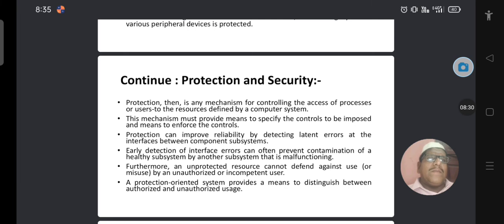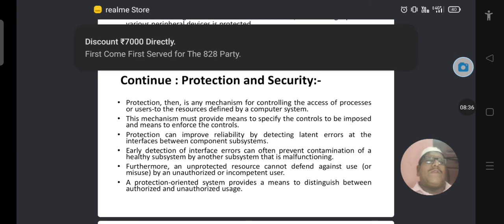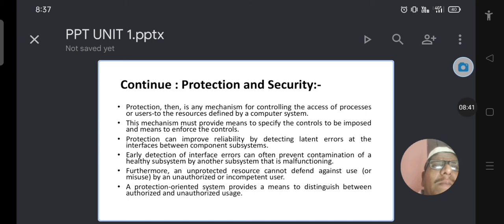This mechanism must provide means to specify the controls to be imposed and means to enforce the controls. What is the meaning? Specifying controls means imposing them, and enforcing the controls is part of protection and security.